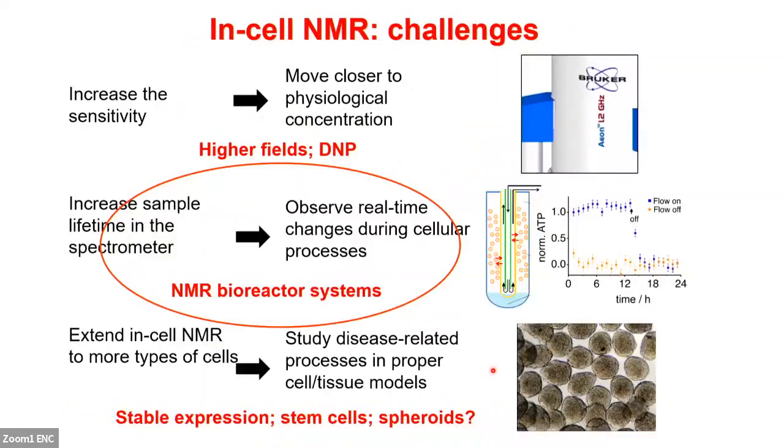I have other aspects, because we can also do real time. One of the challenges in cell NMR is to follow real-time processes. The problem is that cells inside the NMR tube last for 1-2 hours, because there is no oxygen and no nutrients, and so they run out.